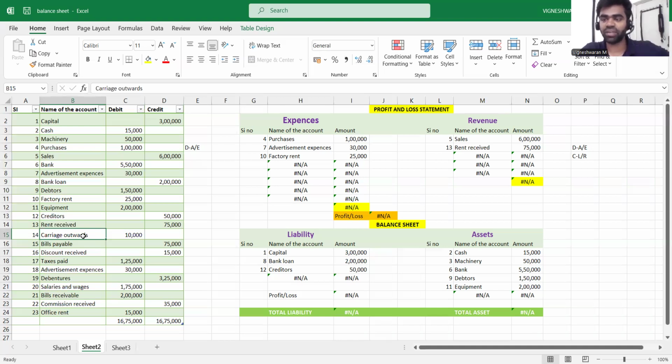Those activities are called carriage outwards. Similarly, carriage inwards is also a logistics activity, where the raw materials for manufacturing come to the factory. Both of them are expenses only. It is in the debit side, so it is an expense.